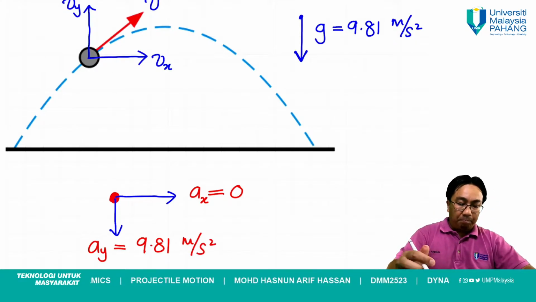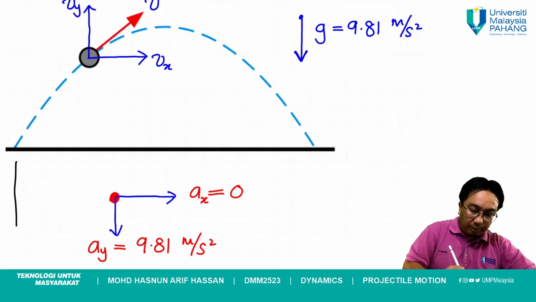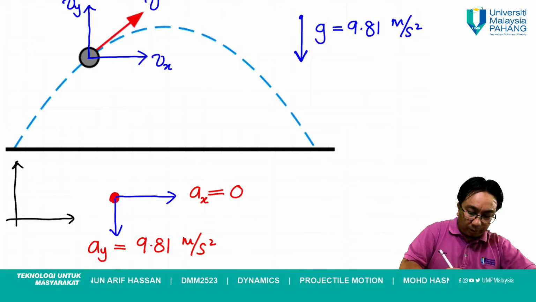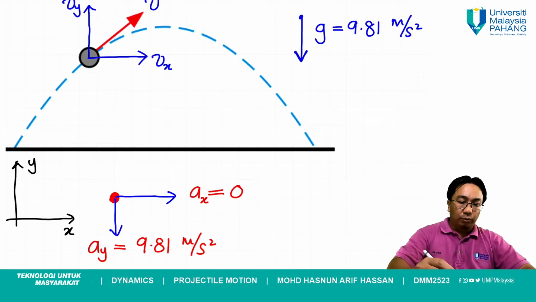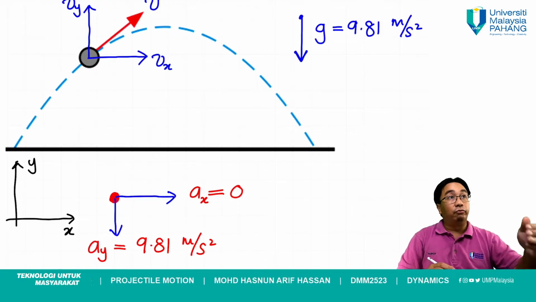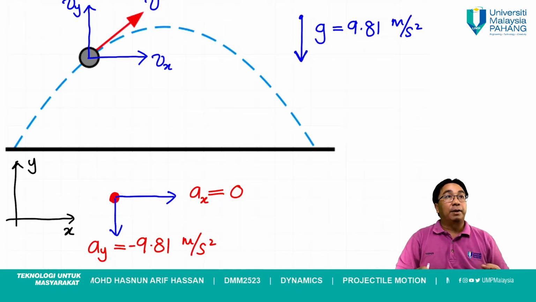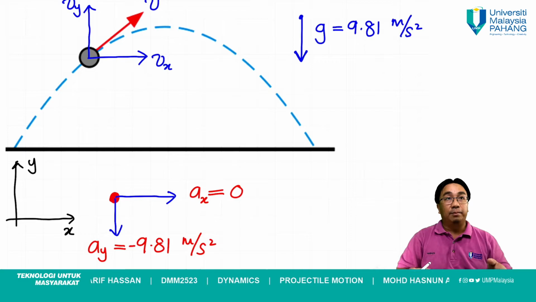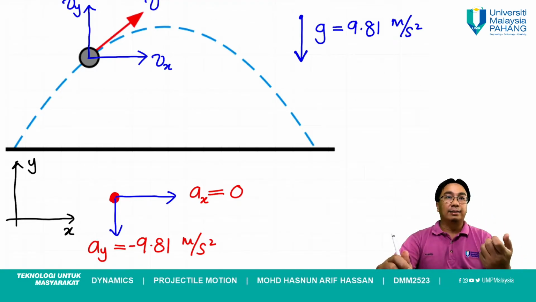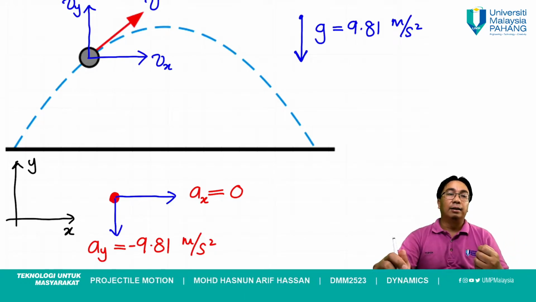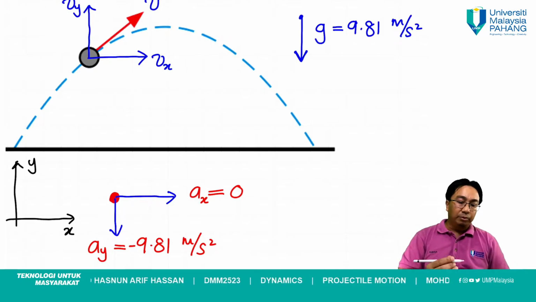Okay, tapi because normally kita akan define kita punya coordinate system x positif ke kanan and y positif pointing up, so we will write the vertical acceleration sebagai negative 9.81 meter per second square. Okay, negative because kita consider y itu positif ke atas. So sekarang ni the gravitational acceleration is pointing ke bawah, pointing down, so it will be negative.